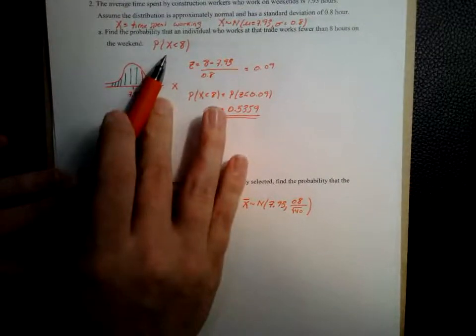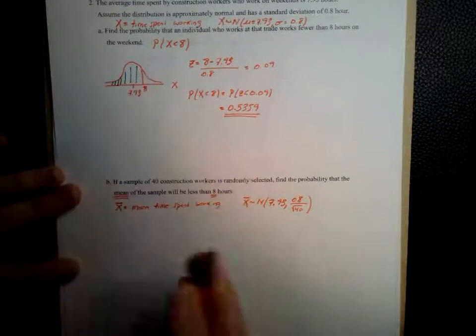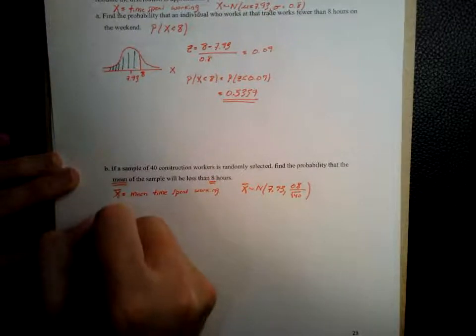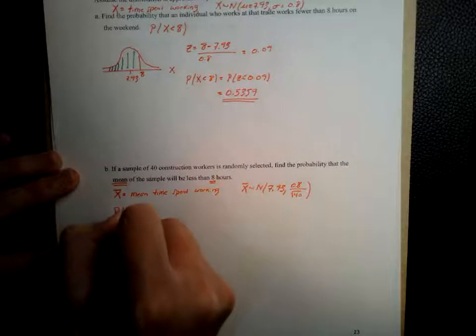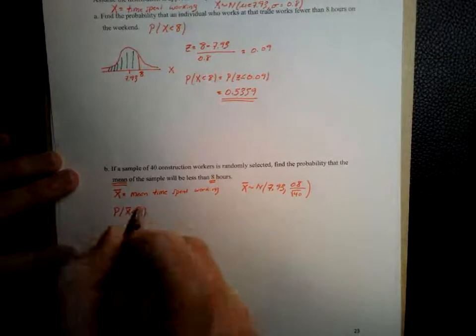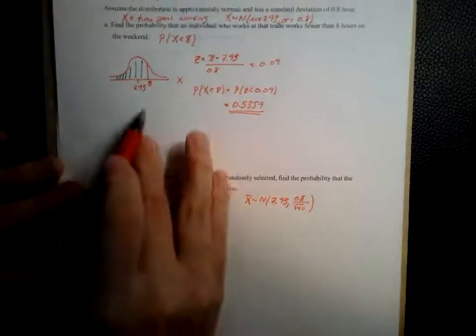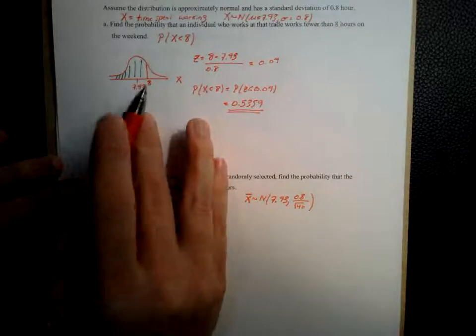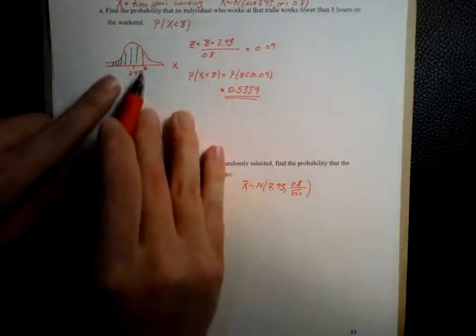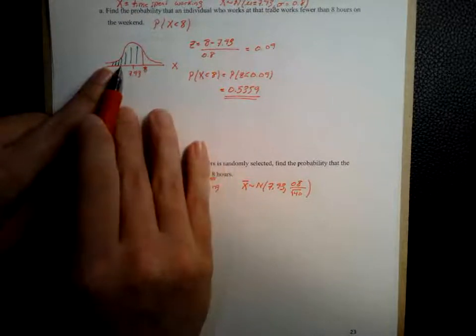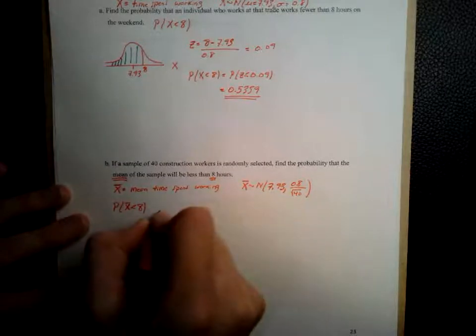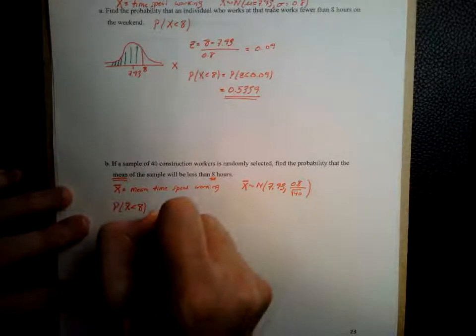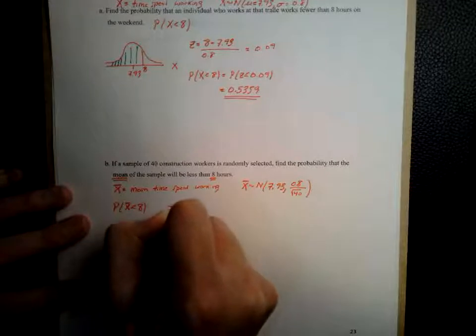Now in this part, we wanted the probability of x being less than 8. In this part, we want the probability of x bar being less than 8. Now I'm not going to draw the picture here because it's basically the same. Instead, this x is x bar. So we're still looking at the area to the left of getting a sample mean of 8. Then let's use the z-score formula to find the value corresponding to a sample mean of 8.